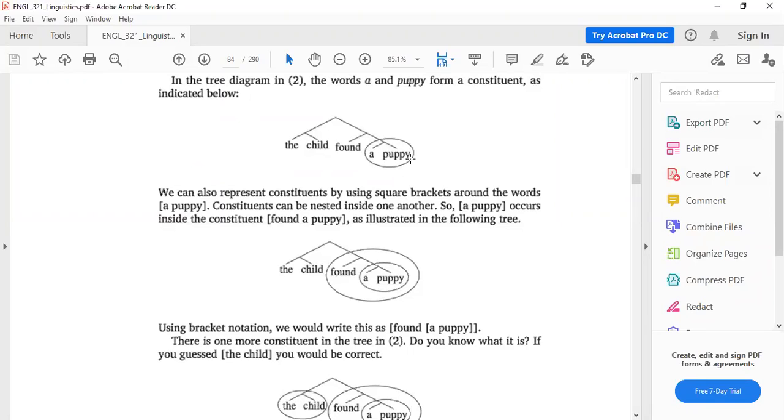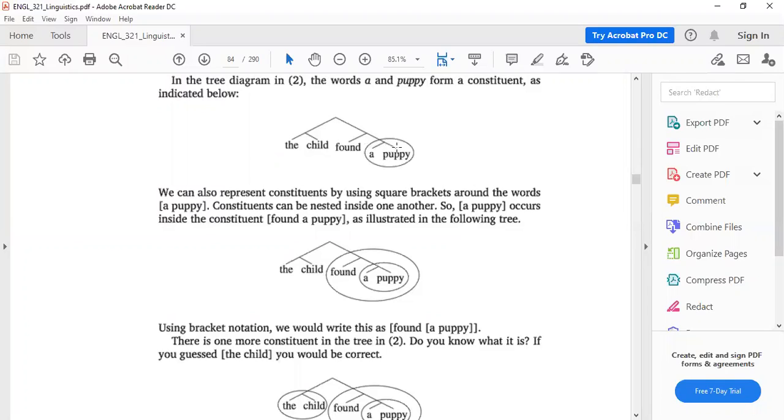So either in the tree we have them within a circle, or between square brackets, and we mean that this is a constituent. Rani Al-Azam will show us how we answer the question: how do we judge a group of words as a constituent or not? I'm going to leave this to her.